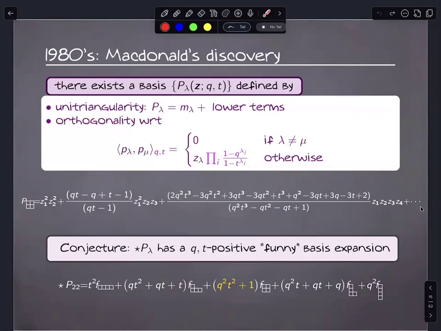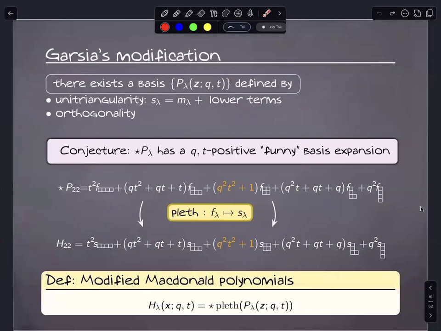So Garcia had a proposal. He says, here you have this thing that's not monomial positive. It's yucky. And you want to prove funny basis positivity. If you instead take the Macdonald polynomial and just cross out the F and replace it with an S, okay? Then you have a different polynomial.